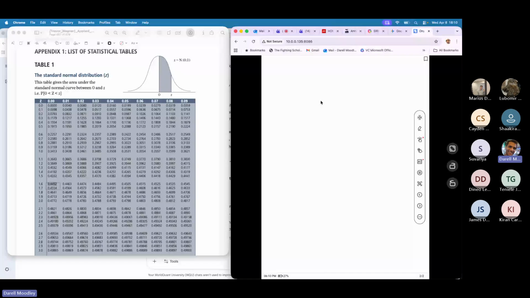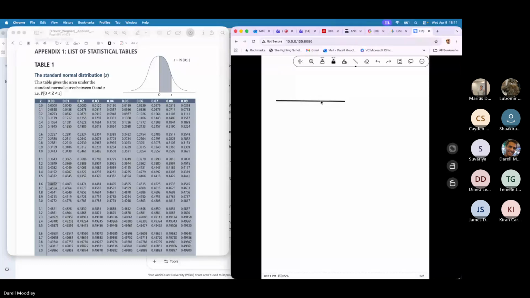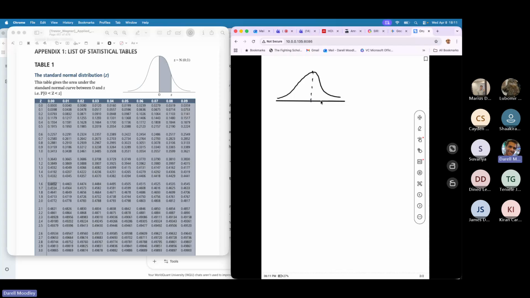All right, let me do my sketch. Okay, so we've got our bell-shaped curve. I didn't sketch it great. I'm not happy with the sketch. Give me a second.